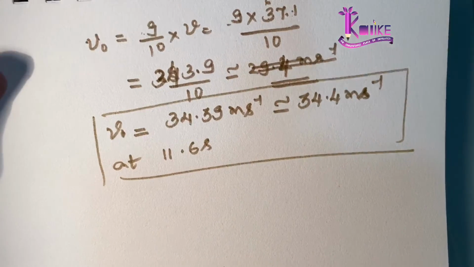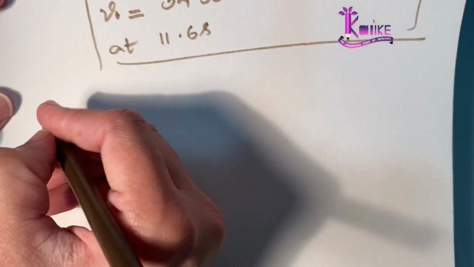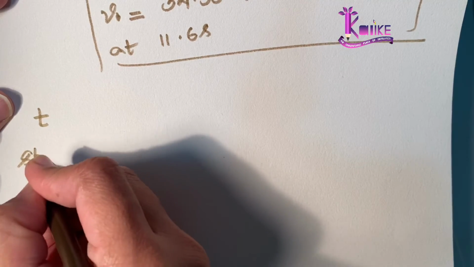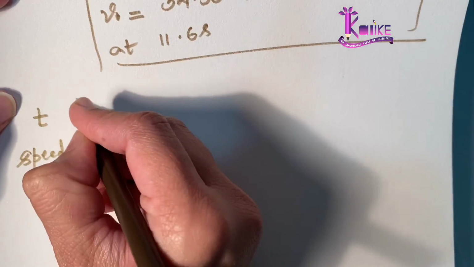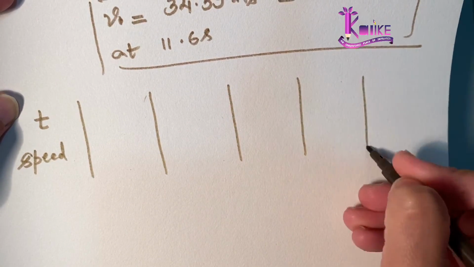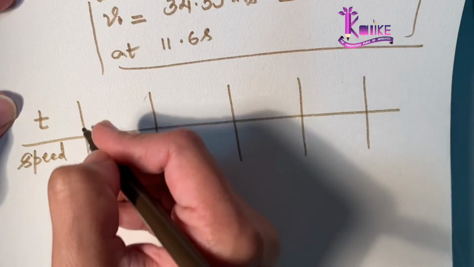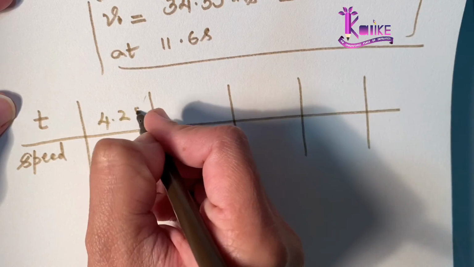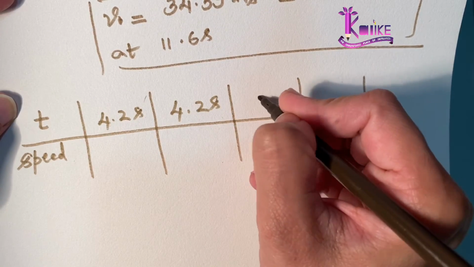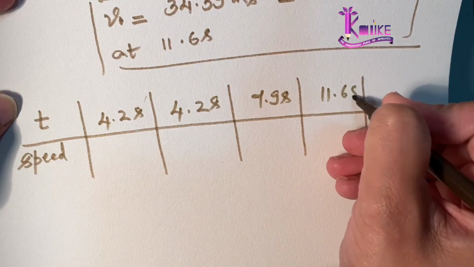So now you know the different speeds at different times. We can easily plot the graph. I'll write them down for your convenience. So this is time, and this is the speed it has attained at various time intervals. So I think I have 3 or 4 time intervals, right? So at 4.2 seconds, and then I have it at 7.9 seconds and 11.6 seconds.